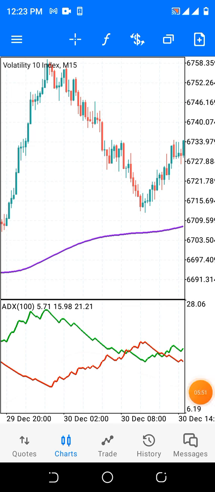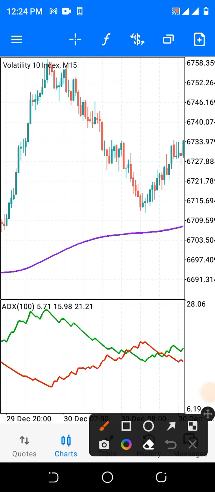When it is below the moving average, it is a downtrend. For instance here, you see that the candlesticks are above the moving average, which means the market is buying, that is an uptrend. So we'll only be considering buy positions.